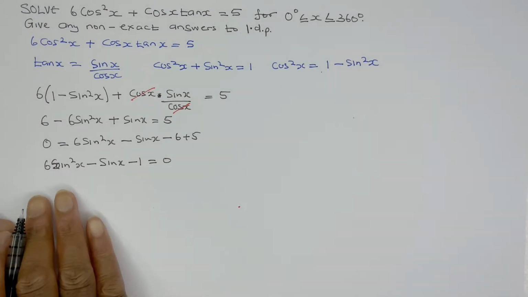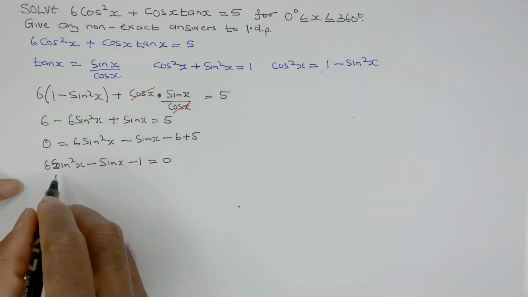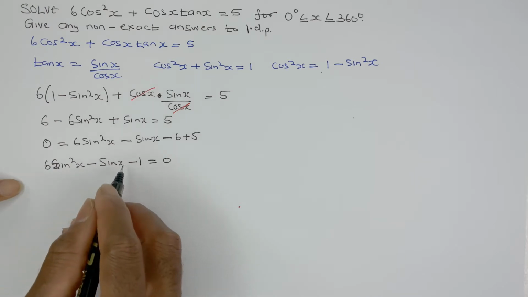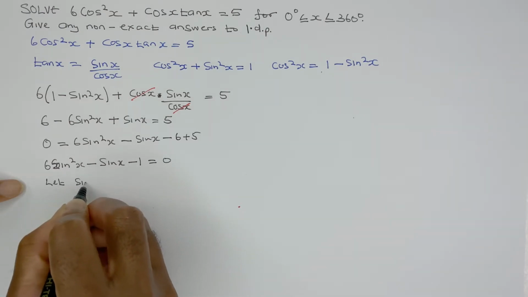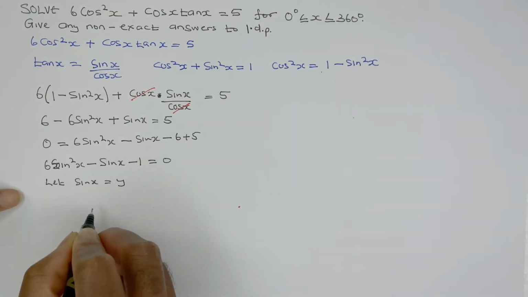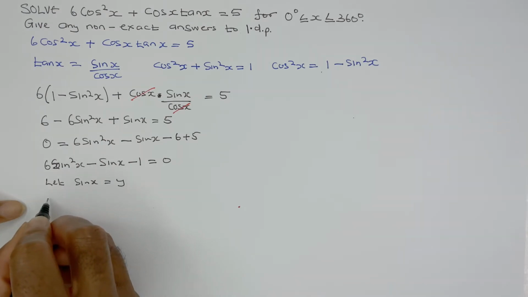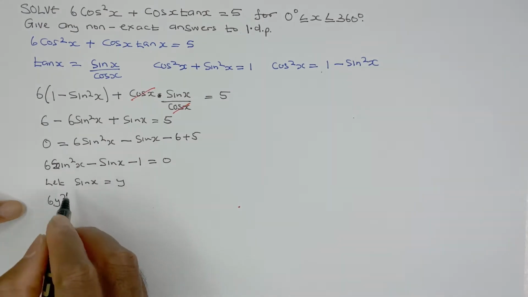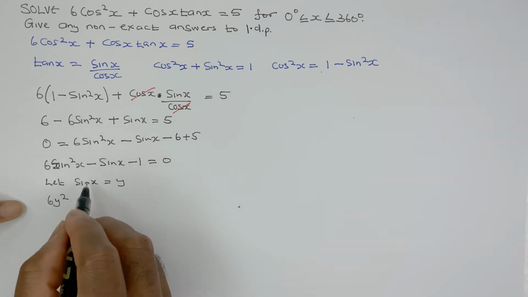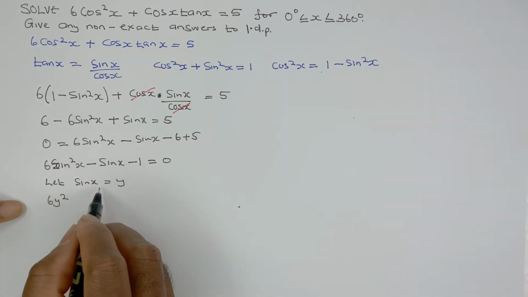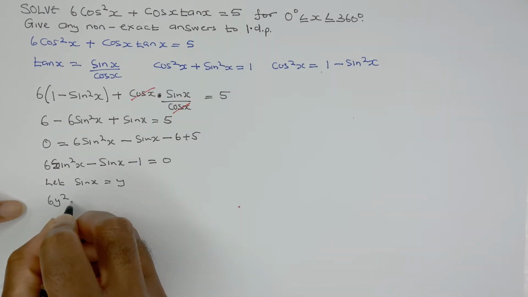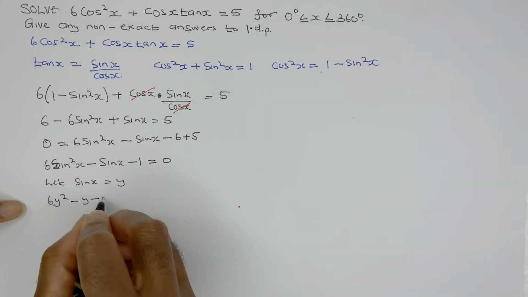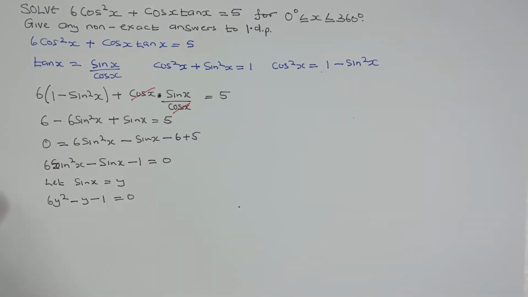I can see this is a quadratic function. I'm going to make sine x equal y. So let sine x equal y. Therefore I get 6y squared, because this is sine x squared, so that's y squared, minus y minus 1 equal to 0.